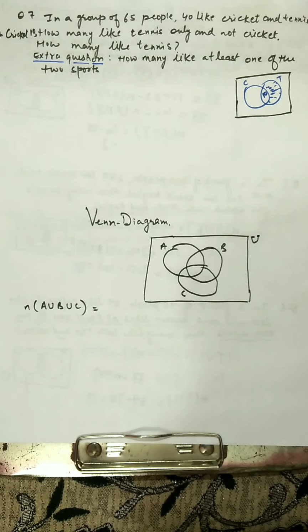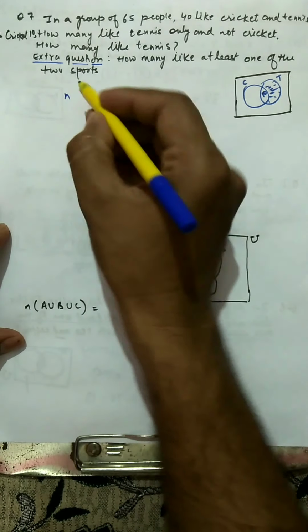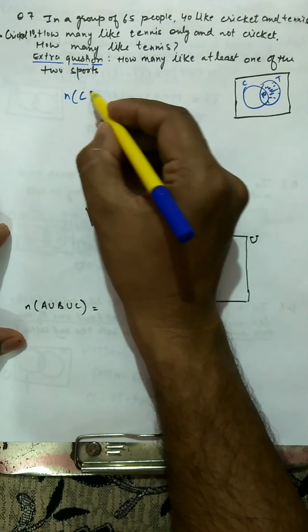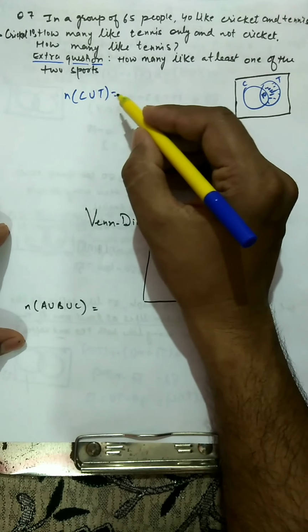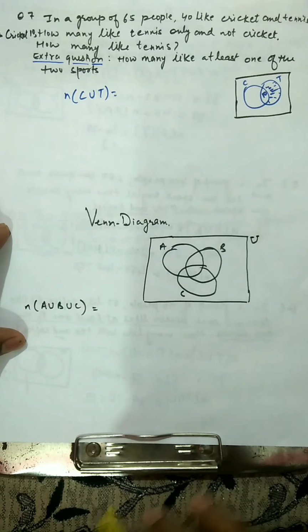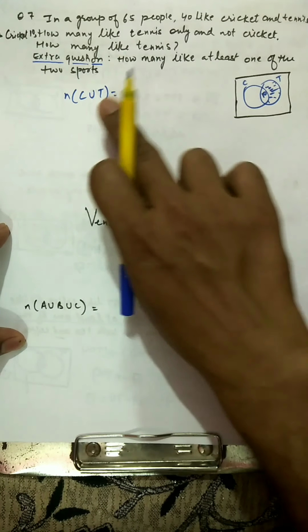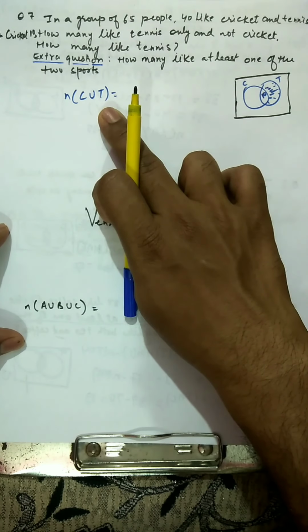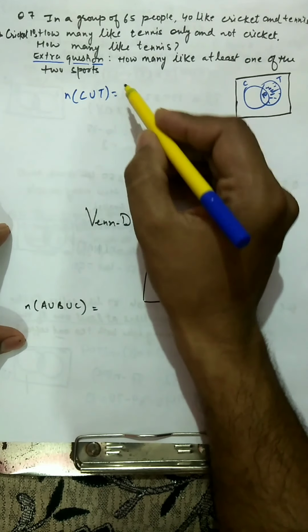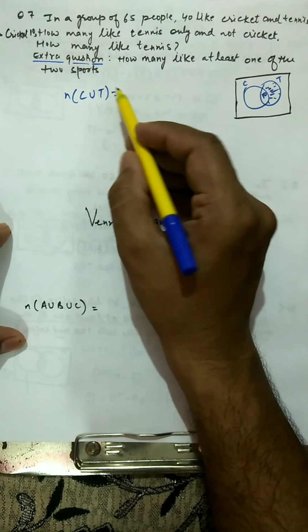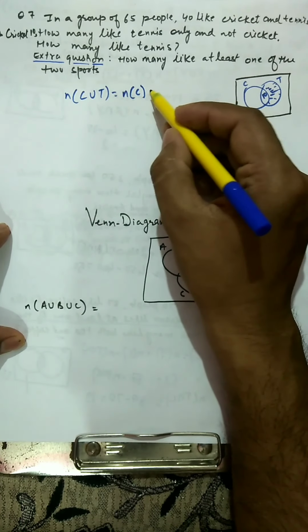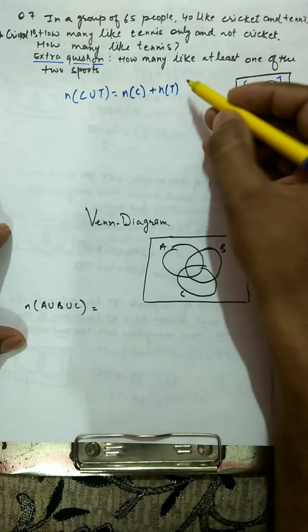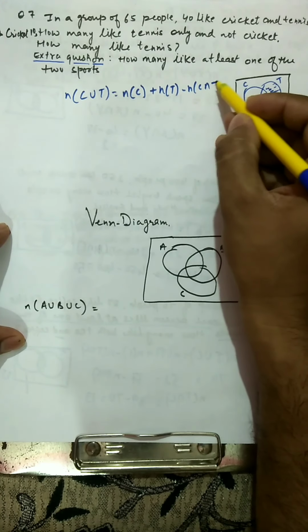N of cricket union tennis will be, you can assume in the beginning that C is the set of people who like cricket and T is the set of people who like tennis. So this is the number of elements in C plus the number of elements in T minus N of C intersection T.